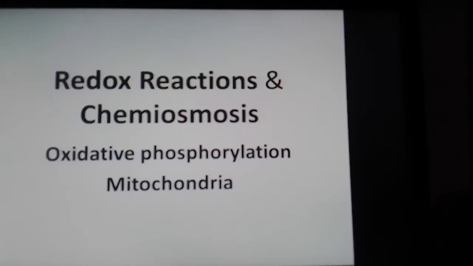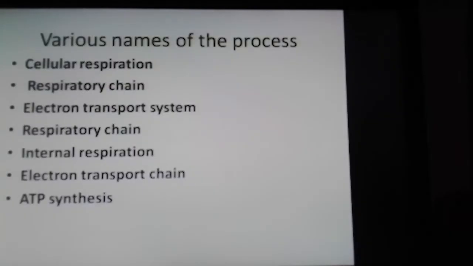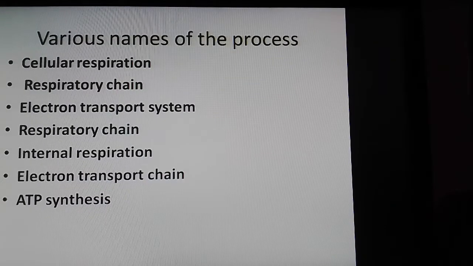You may be knowing oxidative phosphorylation, the process of ATP synthesis that happens due to the oxidation reduction process of the enzymes, coenzymes and cytochromes coming across the electron transport system inside the mitochondria.